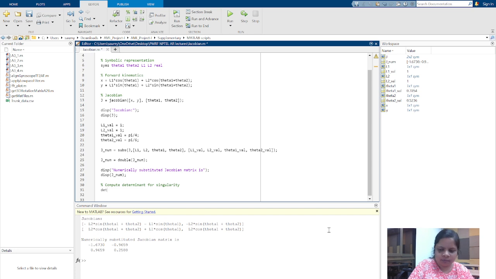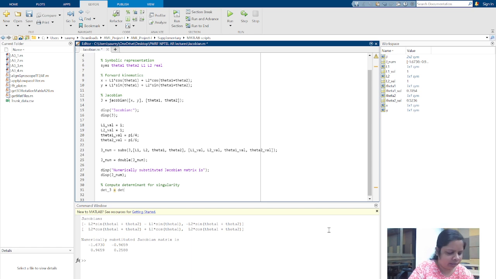Any idea? How do we calculate the determinant in MATLAB? Is there a function? No idea? Okay, it's just det.